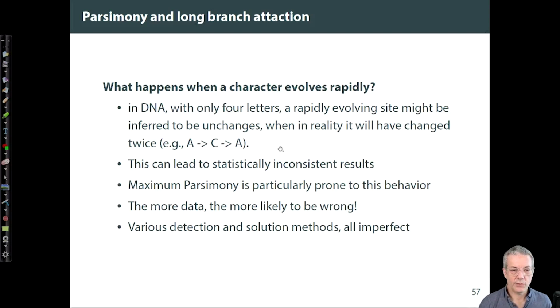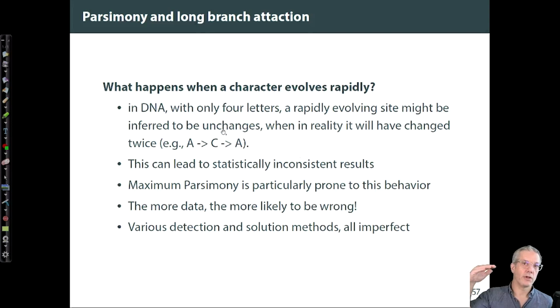Now in DNA, there are only 4 letters, right? So we can see only one change, and there aren't that many options. There are only 4 options. And so a rapidly evolving site might be inferred to be unchanged, when in reality, it may have changed twice or 3 times or 10 times.